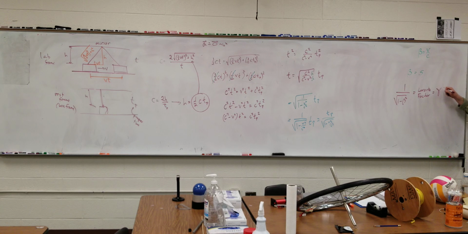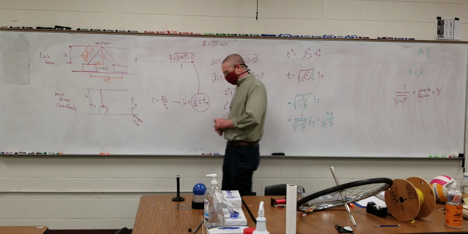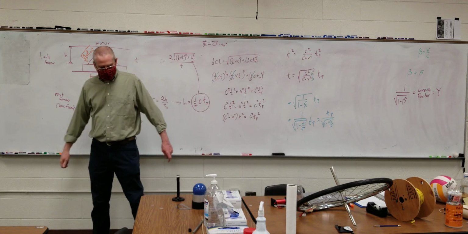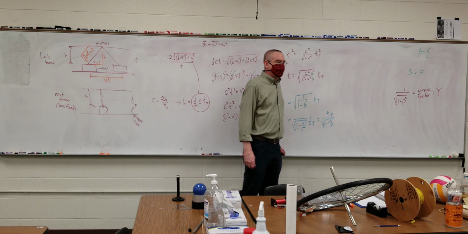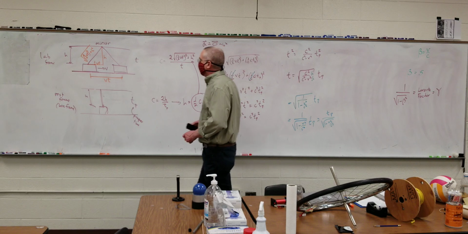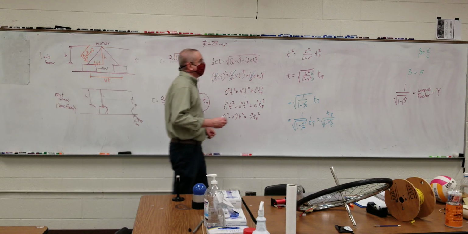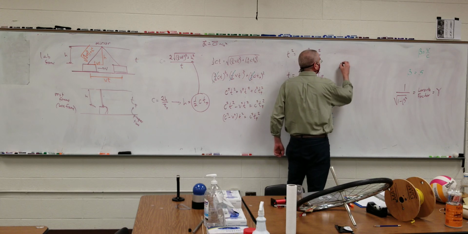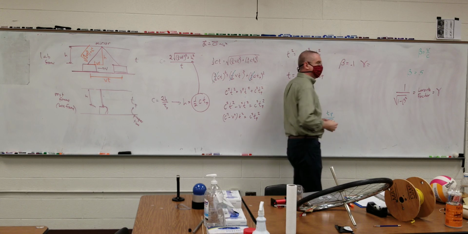And it's represented by a gamma, a lowercase gamma. So let's do a little calculator exercise here. When beta is 0.1, what is gamma?